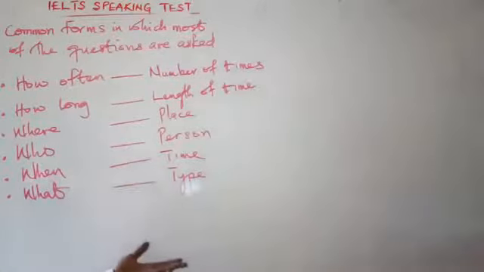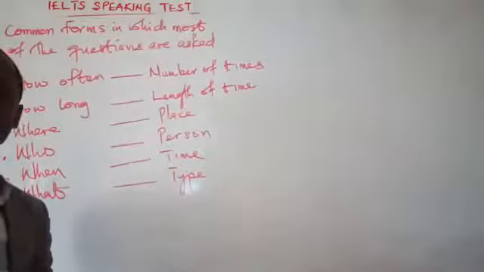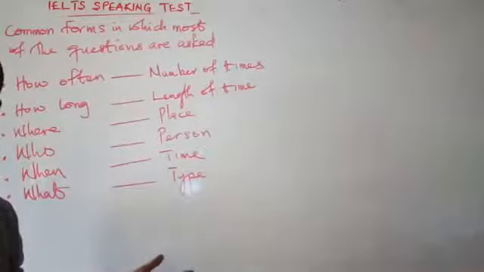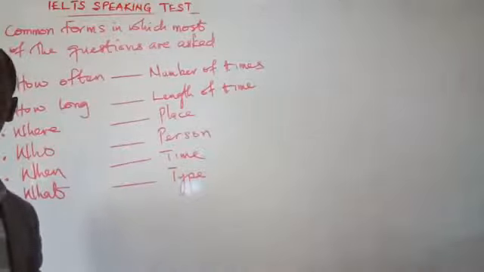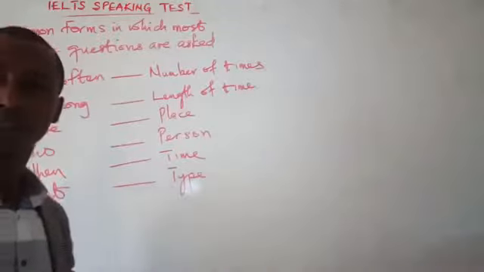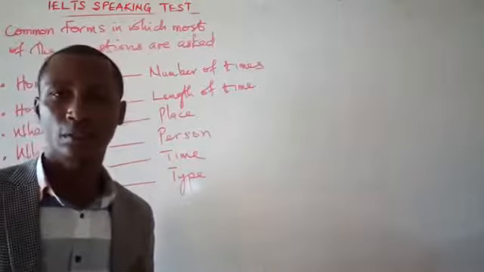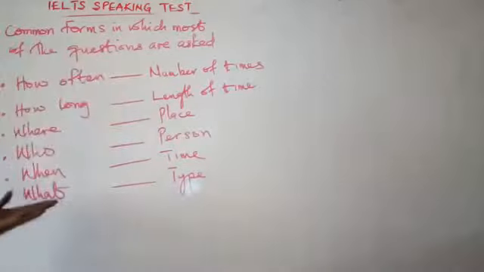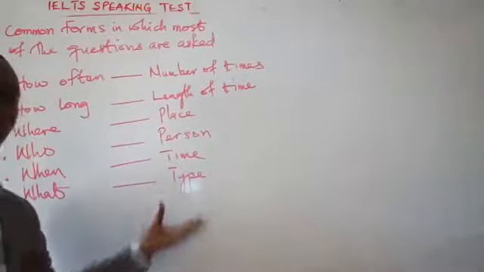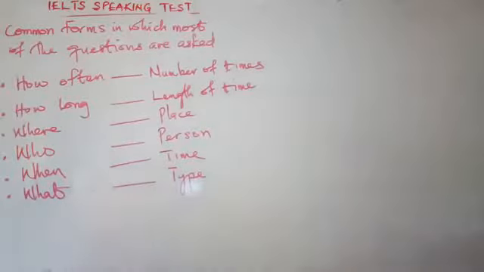What kind of food do you have? What kind of food do you want to prepare? What type of people do you want to meet? So anytime you hear what, know that it is going to talk about the type of something. So mostly questions are often being put along this line.